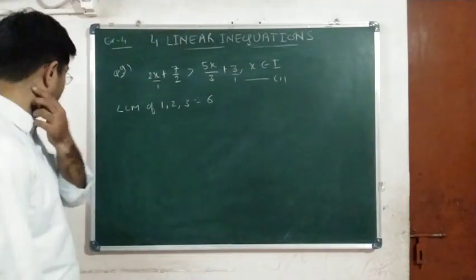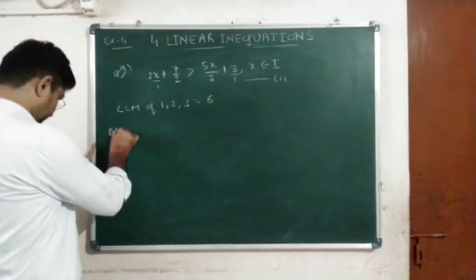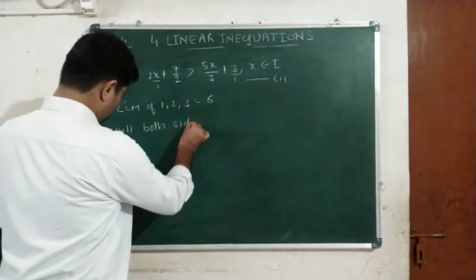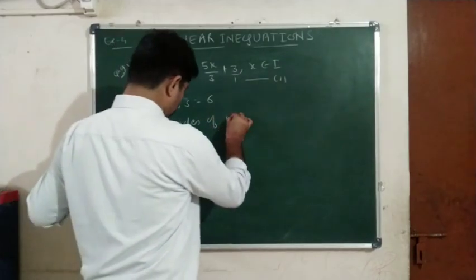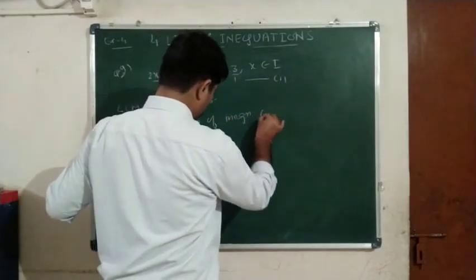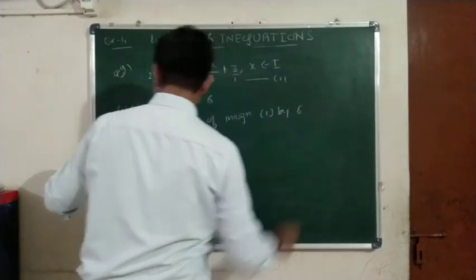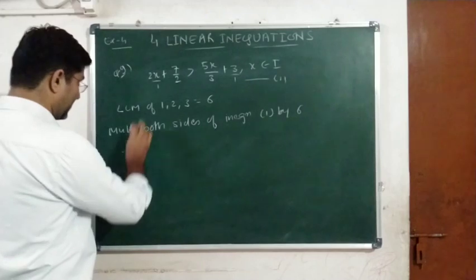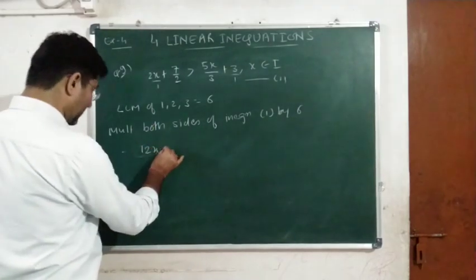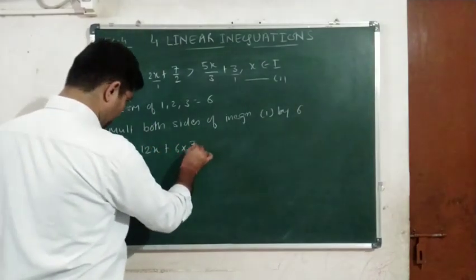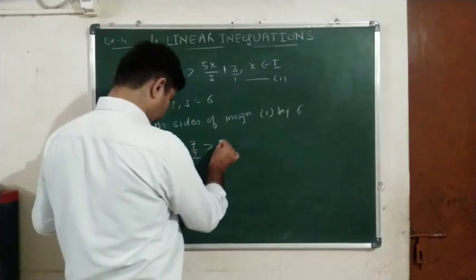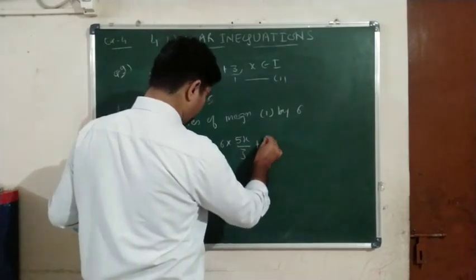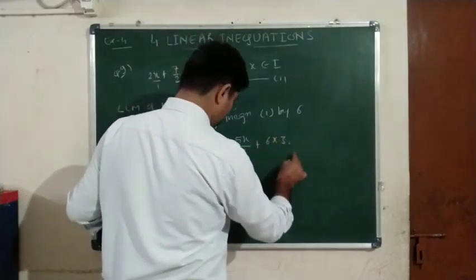Multiplying both sides of inequation 1 by 6: 6 into 2x, let me directly write, 6 2s are 12x plus 6 into 7 upon 2 is greater than 6 into 5x upon 3 plus 6 into 3.